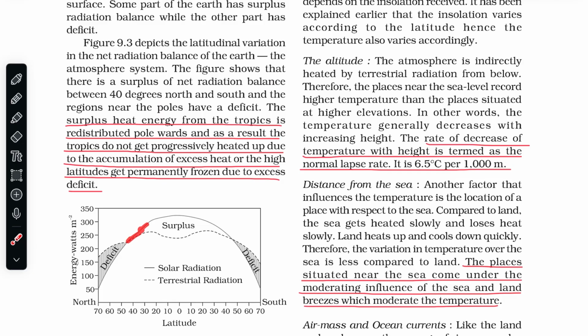So here you could see that there is a surplus between 40 degrees north and 40 degrees south, whereas there is a deficit between 40 degrees and 70 degrees. And so the regions near the poles have a deficit.